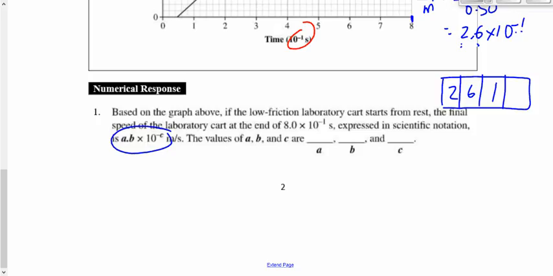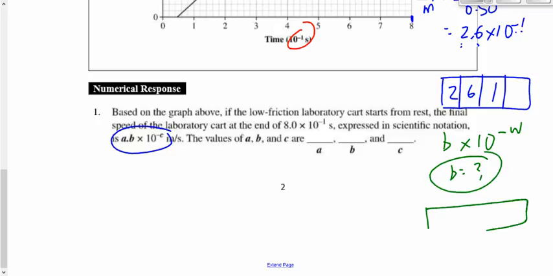Now, sometimes they did this more in the past than now. You don't see this way to express it very often anymore, but every once in a while you still could. What if they ask you to express this as b times 10 to the negative w, which you do see from time to time, and they want the value of b? If that was the case, we'd express this to 2 digits as 2.6.